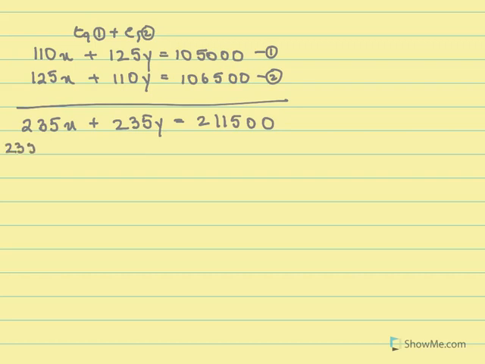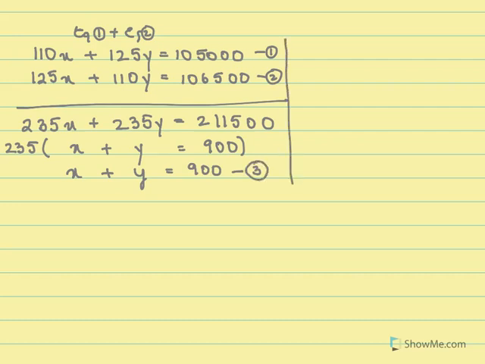I can take 235 common out. So first term divided by 235 will be x, second term divided by 235 will be y, and 211,500 divided by 235 becomes 900. Since I've taken 235 common out, I'll ignore it, so I'll do x plus y equal to 900. This becomes my equation 3.